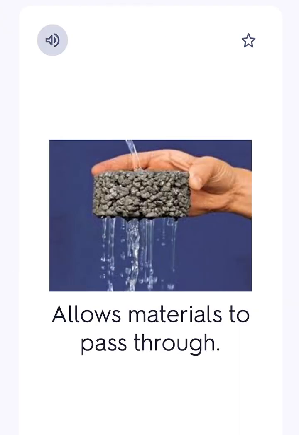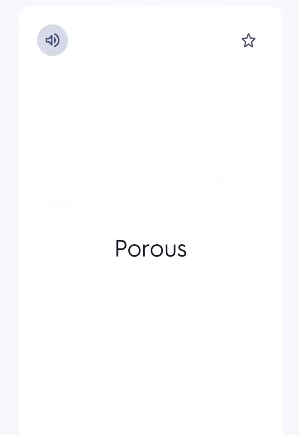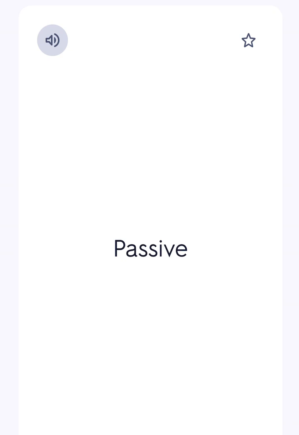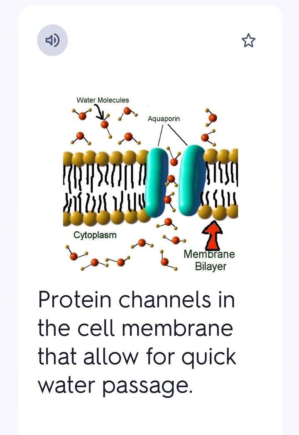Allows materials to pass through. Porous. No energy needed to allow material passage. Passive. Protein channels in the cell membrane that allow for quick water passage.